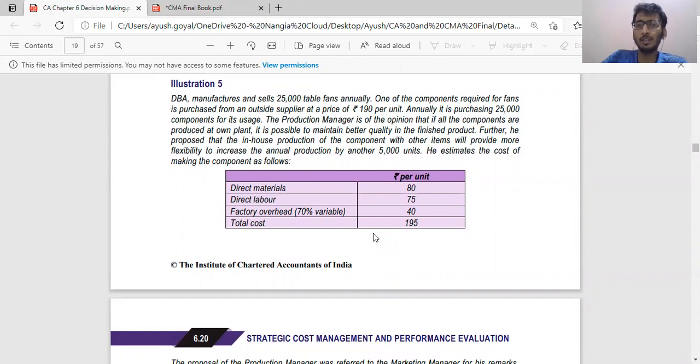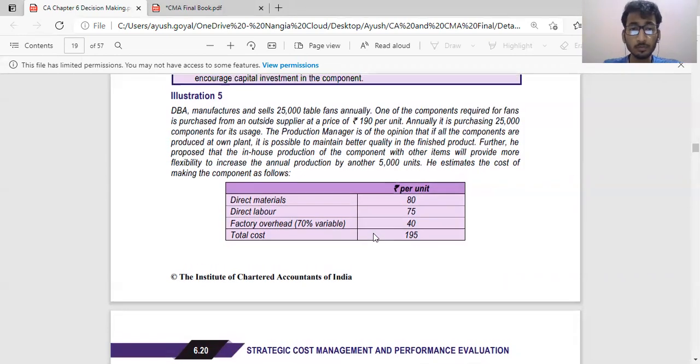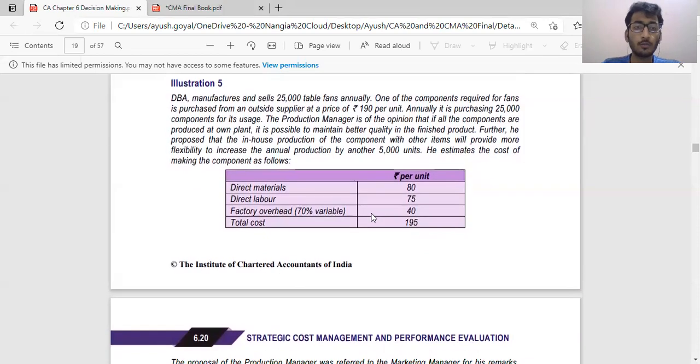I have repeatedly told you, what we are going to do is discuss questions from CA as well as CMA final study material, and all the questions in CA final under the test your knowledge section, that would be your homework. And for the CMA final study material, we will solve most of the questions, and some of the questions would be given as homework. So let's come to illustration 5.